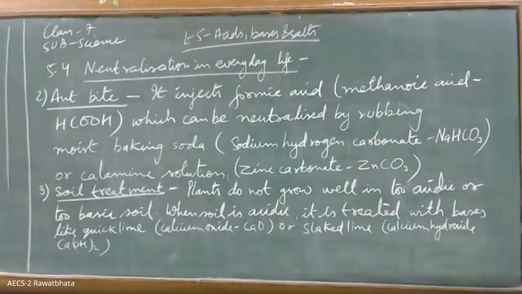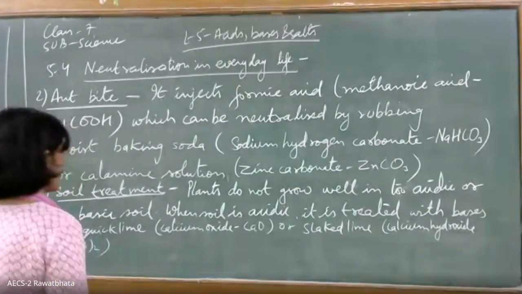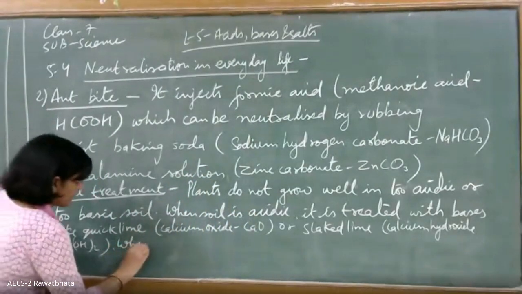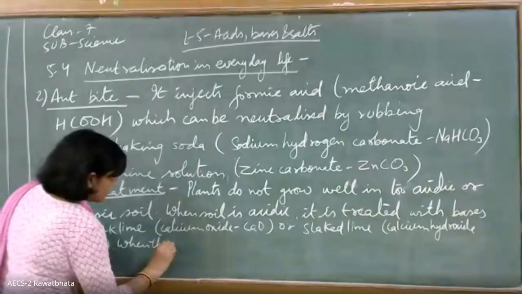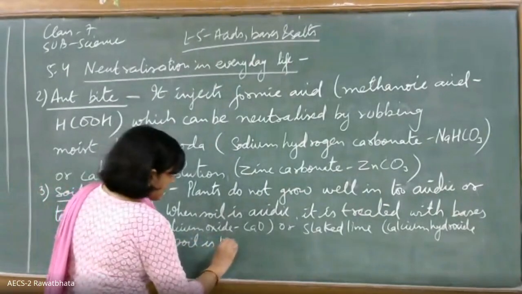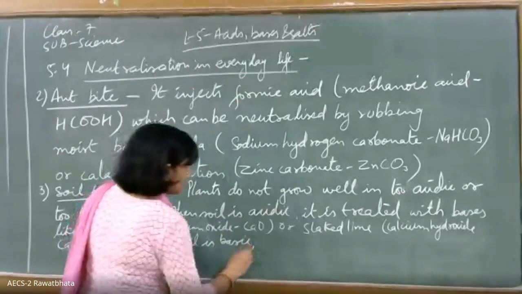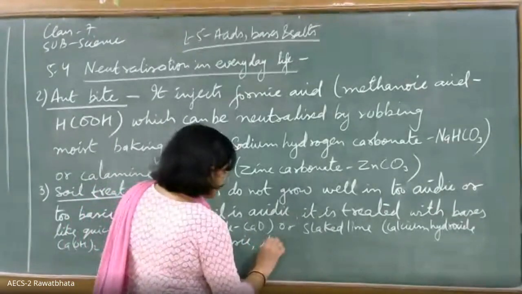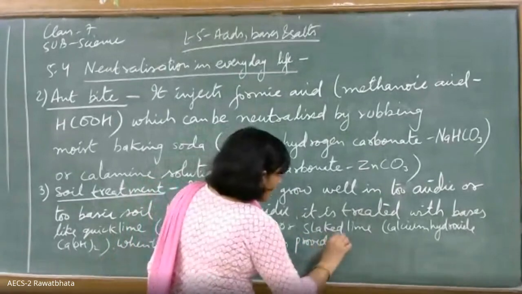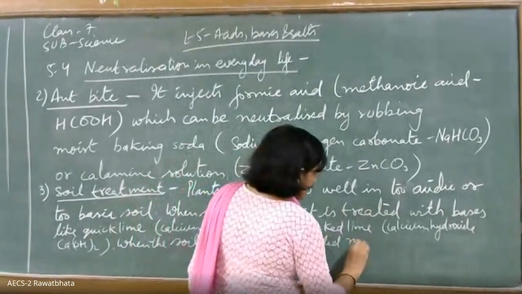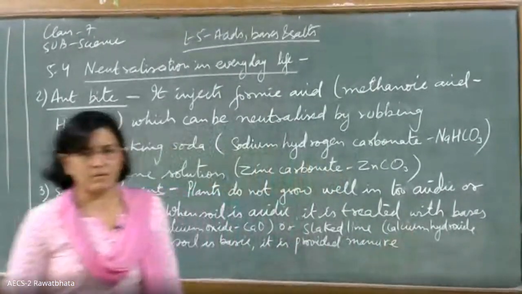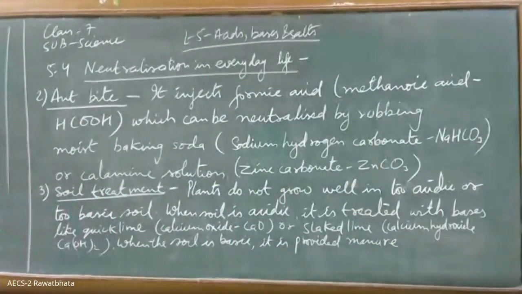When the soil is acidic, you are doing that. And when the soil is basic, it is provided manure. Manure, cow dung, animal waste and all that, right? And why will it be so?